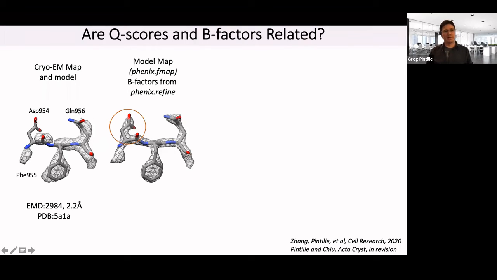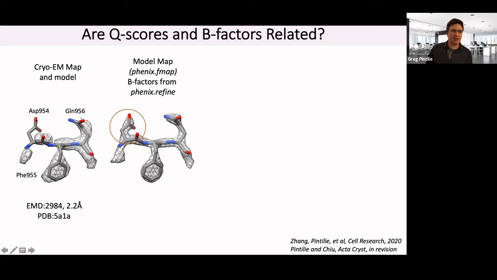So calculating the B factor from the map in this case was such that it's still reflecting that this residue is more resolved than it should be. And there are probably different factors for that. I think when you calculate B factors, you tend to use constraints.